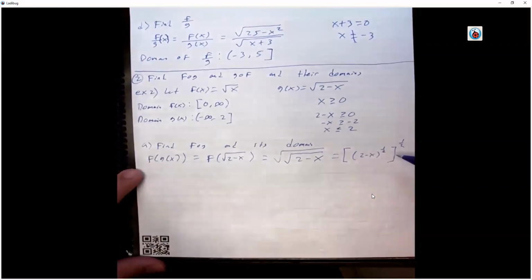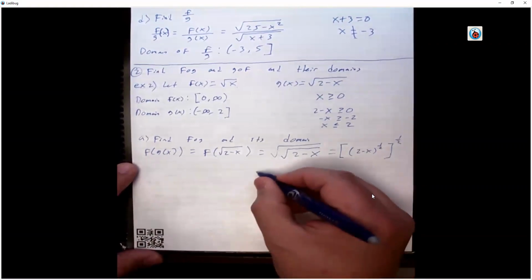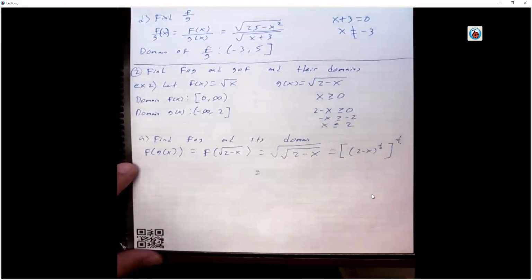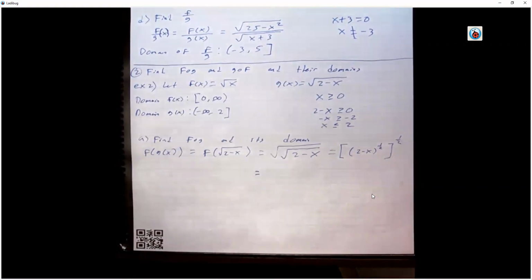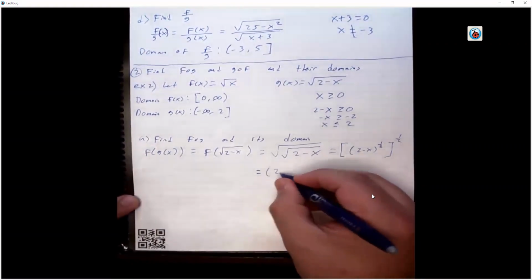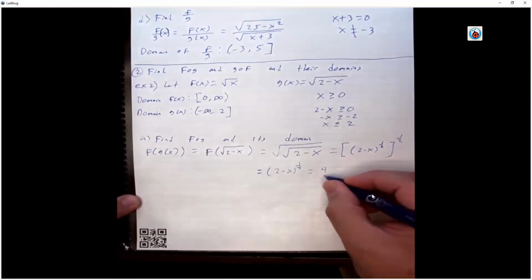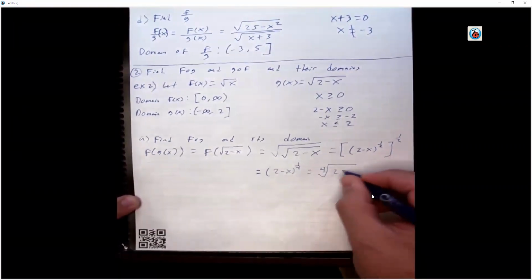But way back when, when you have a power to another power, what do you do? You just multiply them straight up, which would end up being 1 times 1 over 2 times 2. So that would be 2 minus x to the 1/4, or if you prefer, the 4th root of this guy.